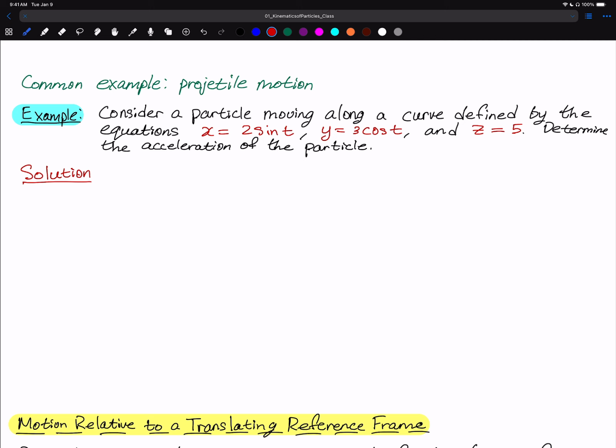Okay, hopefully you've given the example a try. I'm going to go through and solve this problem, and then that will be the end of this video. In the next video we'll be moving on to motion relative to a translating reference frame.